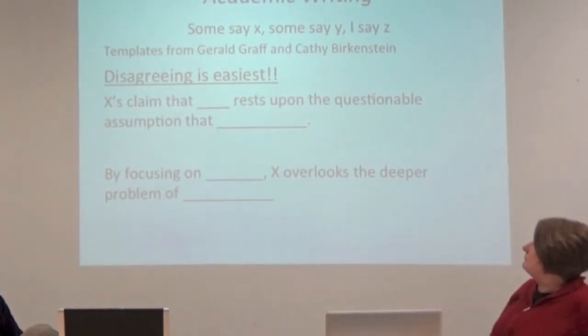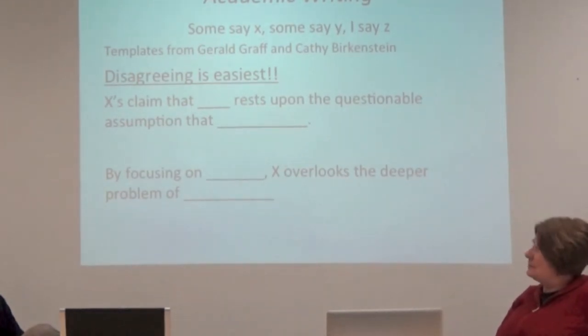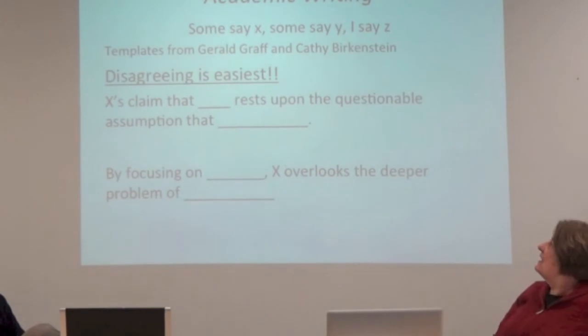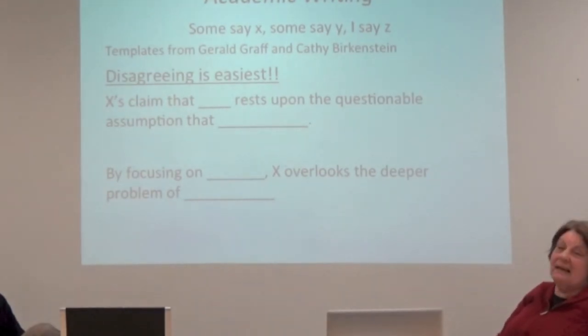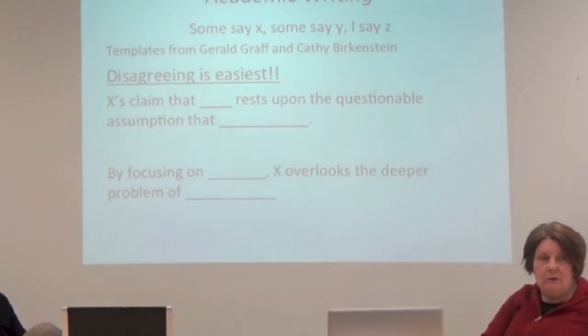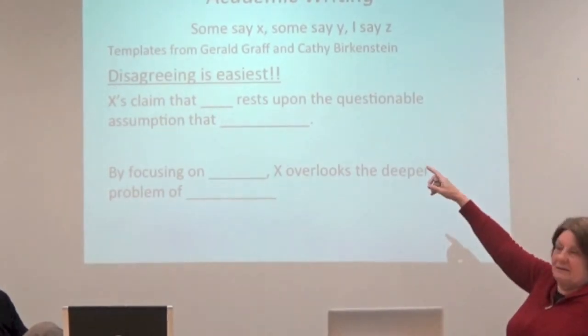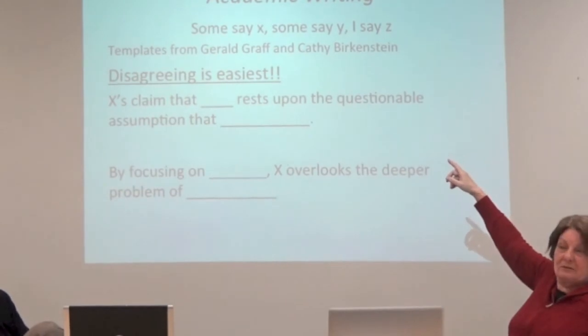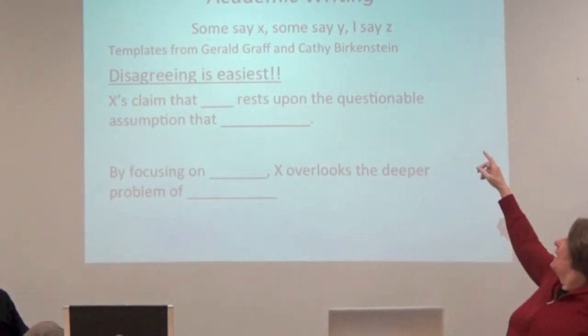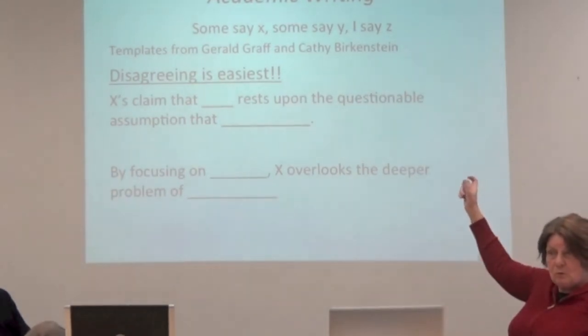Now, what this breaks down to is a truism that has been around for decades. And that is, some say X, some say Y. I say Z. And so when I say that writing a good lit review puts you in the discourse, puts you right in there equal to the famous Professor Sum and the famous Professor Sum, and you get to be right there with them, it's a really important, powerful move.